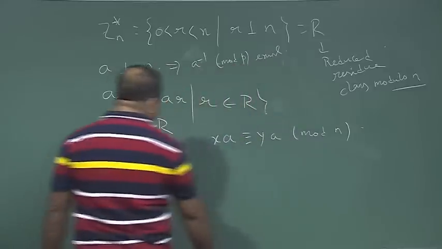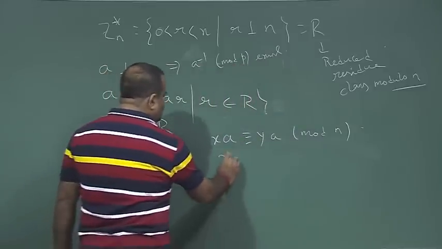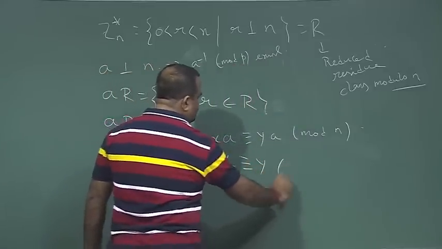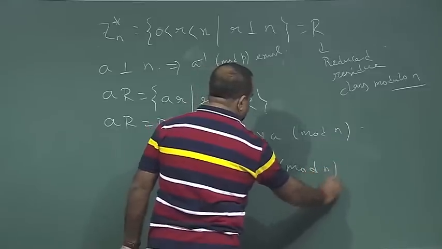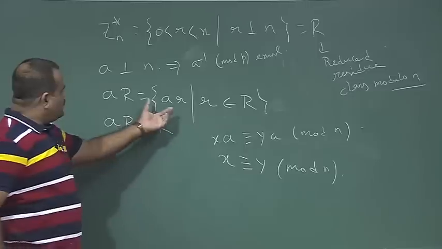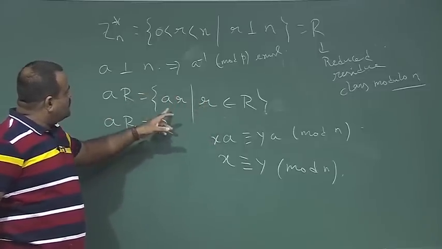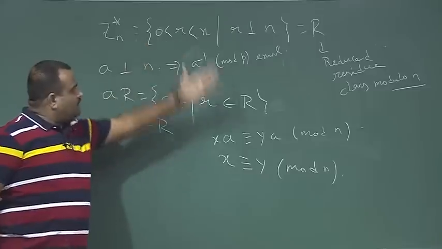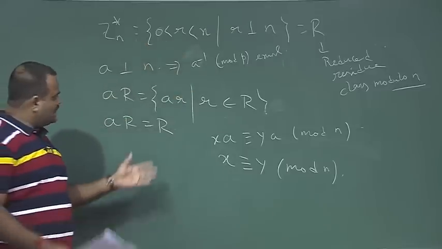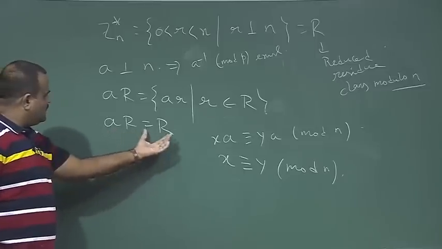So, we can multiply a inverse on both sides. This will give us x is congruent to y mod n. So, the elements here are congruent to the elements over there in some order. So, basically aR is equal to R.